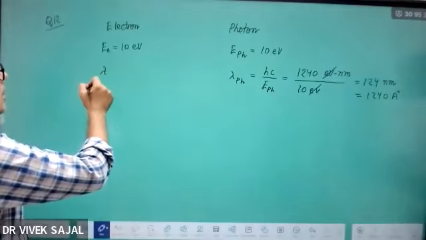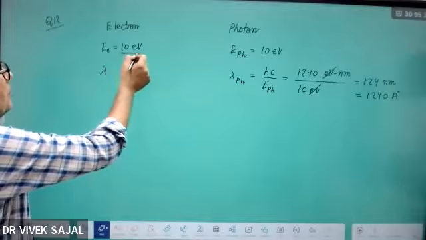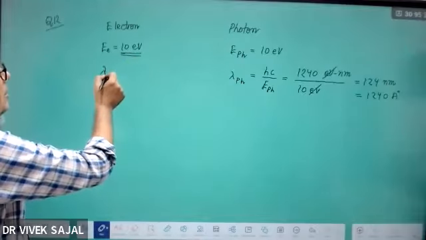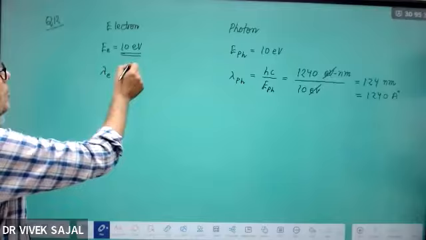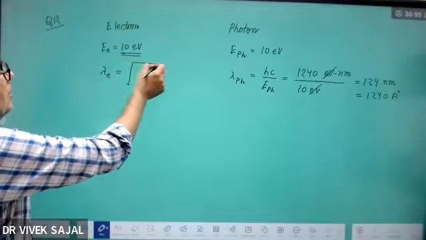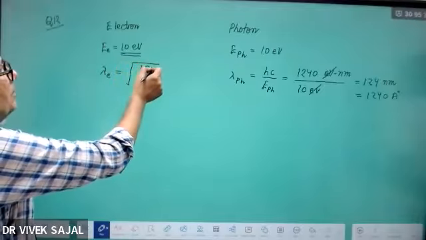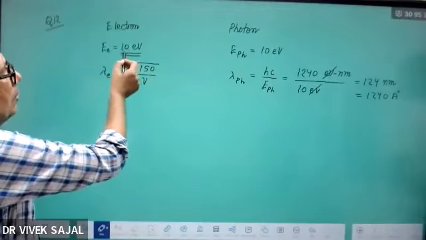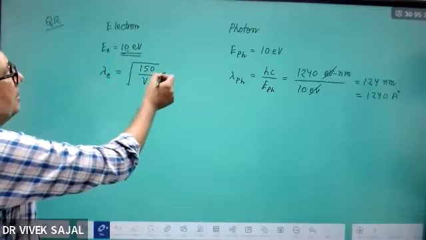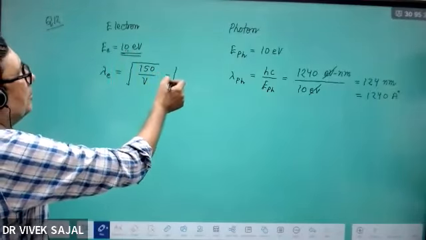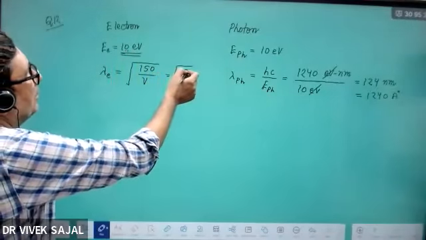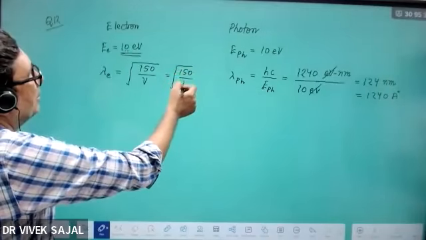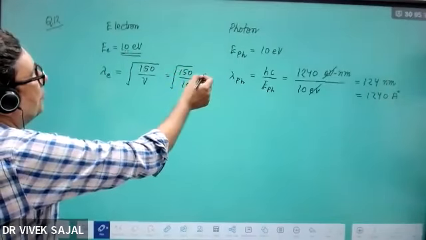For electron, if energy is given in electron volt, then the de Broglie wavelength for electron particularly will be 150 divided by V, okay? So how many V are there? This will be 10 here. So this will be square root of 150 by 10 angstrom.